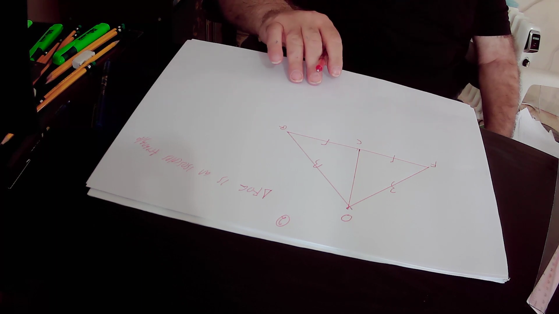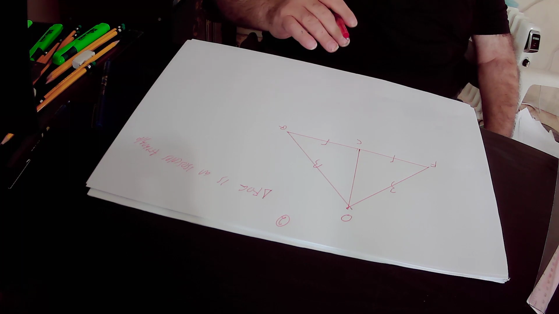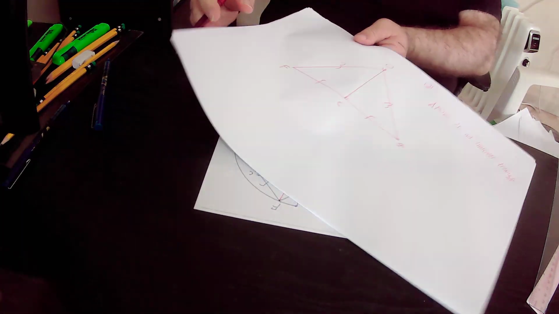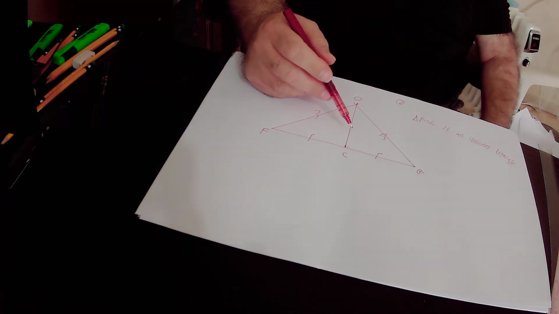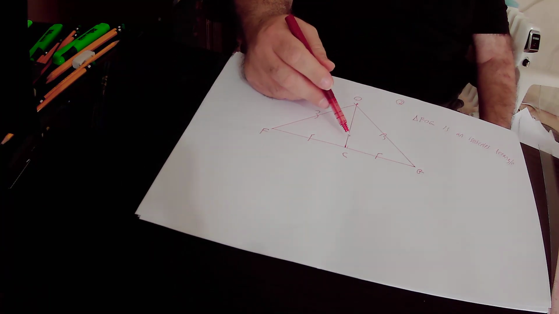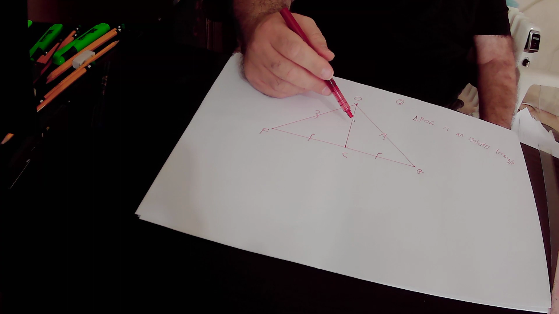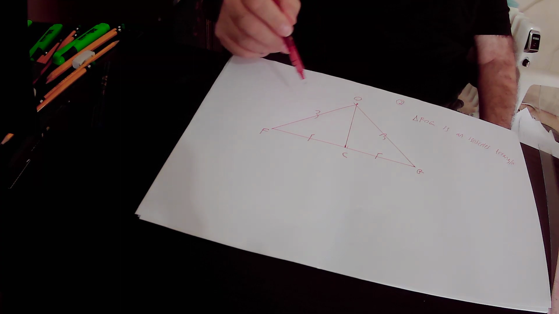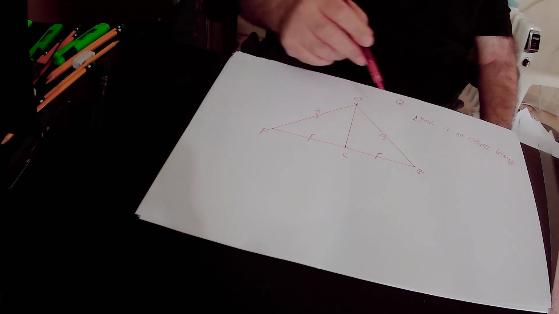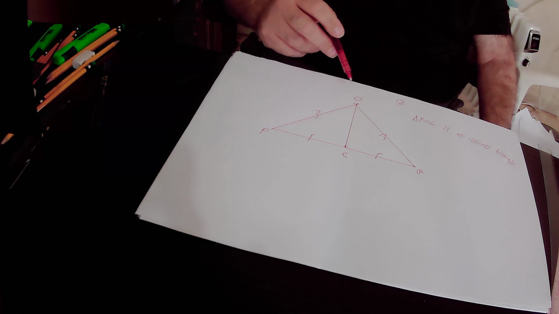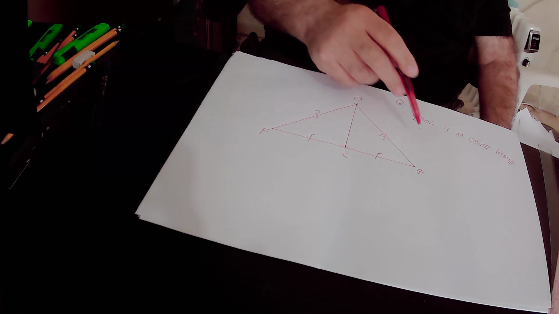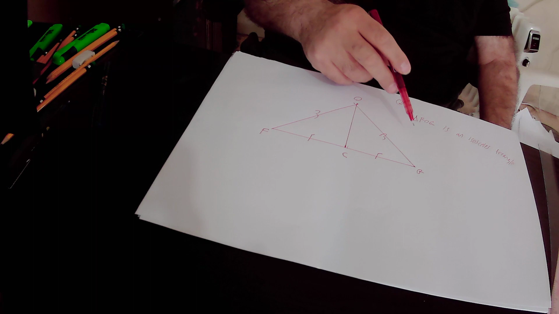And according to rule number 2, the median to the base, that is to say OC is the median to the base in an isosceles triangle, in triangle OFG, that is an isosceles triangle because OF equals OG.